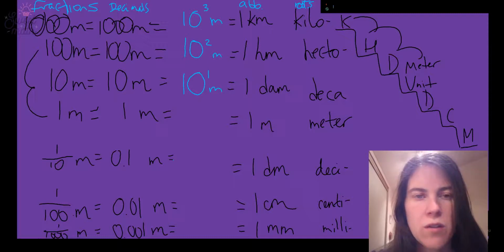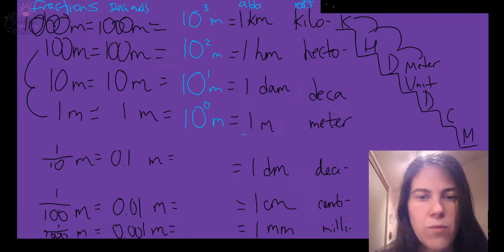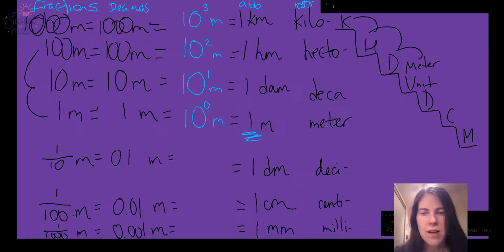If you're dividing, you go from 10 to the third is 1,000. Divide by 10 is 100, which is 10 squared. Divide by 10 again, you get 10, which is 10 to the first. Divide by 10 again, and 10 to the 0th power is 1. That's a rule: anything to the 0th power is 1, except for 0.